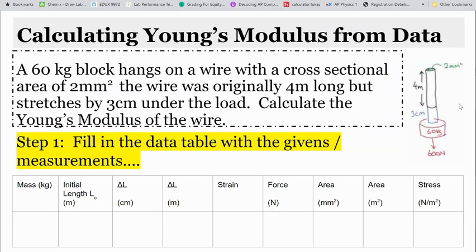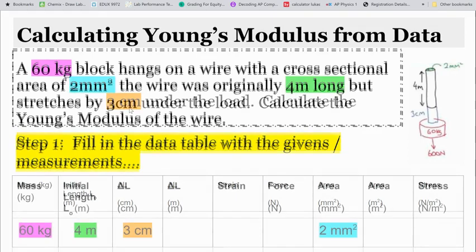So to start with, we're going to need to fill in our data table with our givens or our measurements that we collected. 60 kilograms should be our mass value. Cross-sectional area is 2 millimeters squared. Our original length, L0, is 4 meters, and we stretched by 3 centimeters, so our change in length is 3 centimeters.